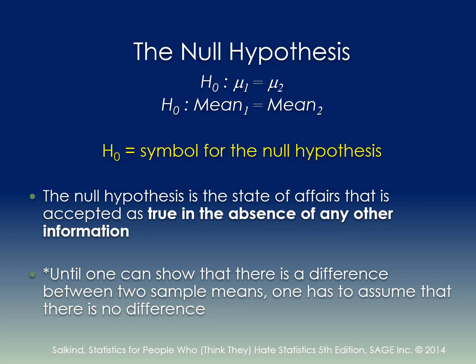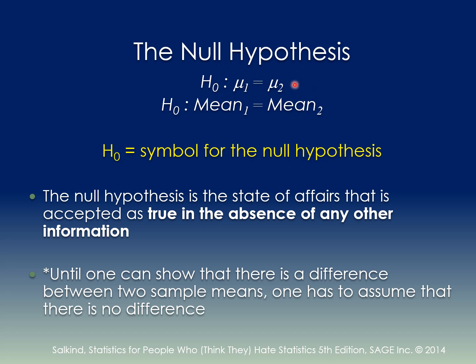And so another way to express the null hypothesis, and again, here's our symbol. I probably should have put this on the previous slide. The symbol for the null hypothesis is an H with a subscript 0. The null hypothesis, H subscript 0, is that mean 1 is equal to mean 2.